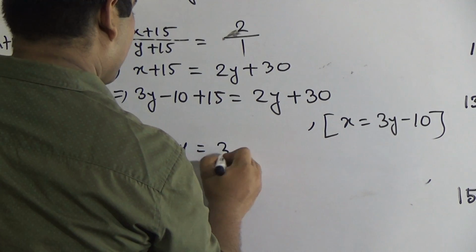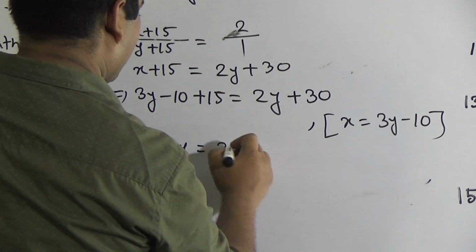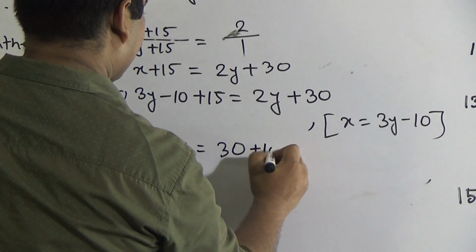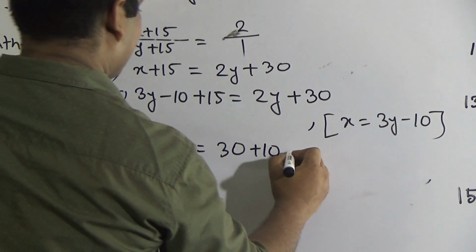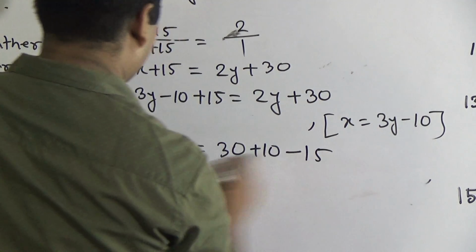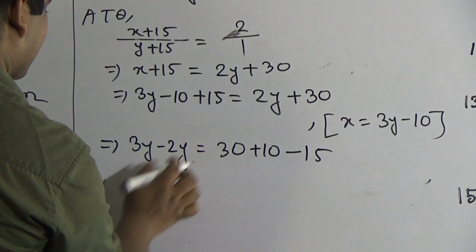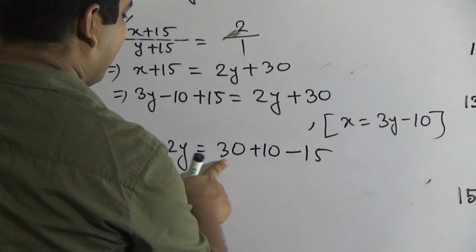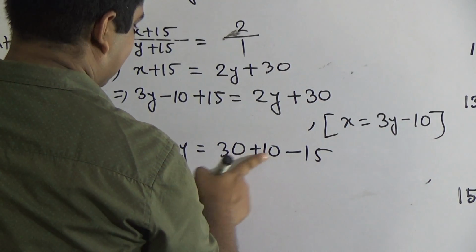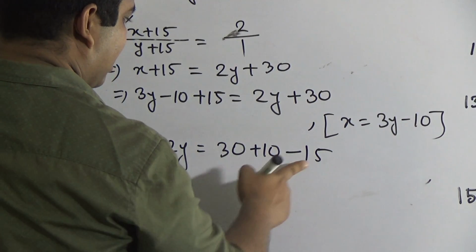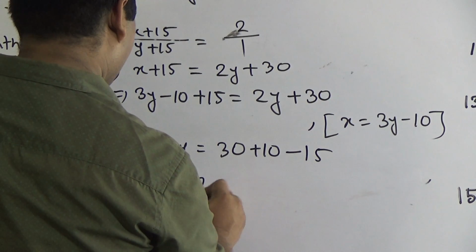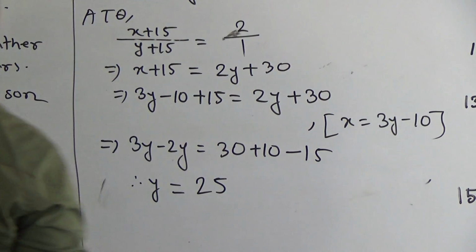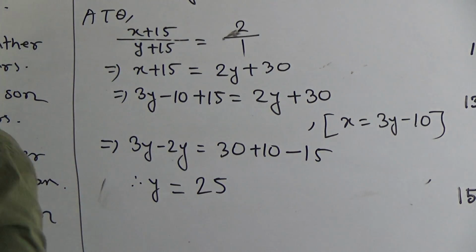Okay, 30, this minus 10 go to the right hand side, it will be plus 10. This minus 15 go to the right hand side, it will be minus 15. So we subtract 2y from 3y and we get y. That means 30 plus 10, 40. If we subtract 15 from 40, then we get 25. So my dear student, the value of y is 25.